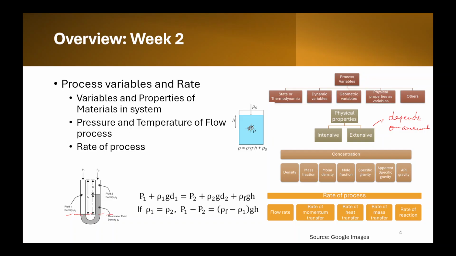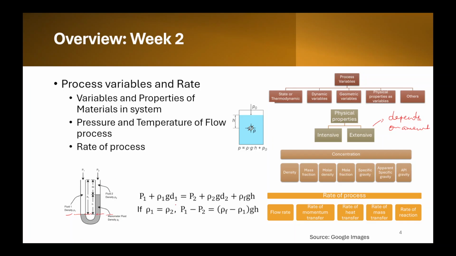It is usually taken at the point where the level of the manometric liquid is lower. By virtue of the hydrostatic pressure, the pressure at this point will be equal to the pressure at this point.